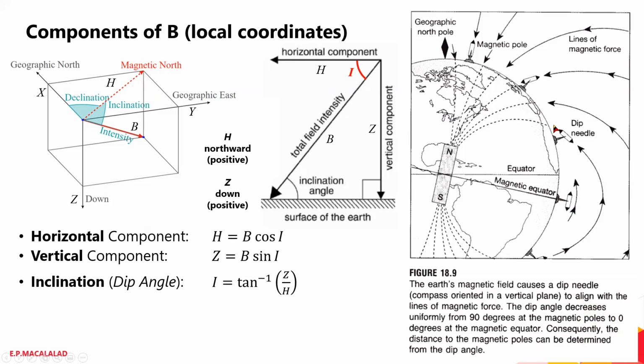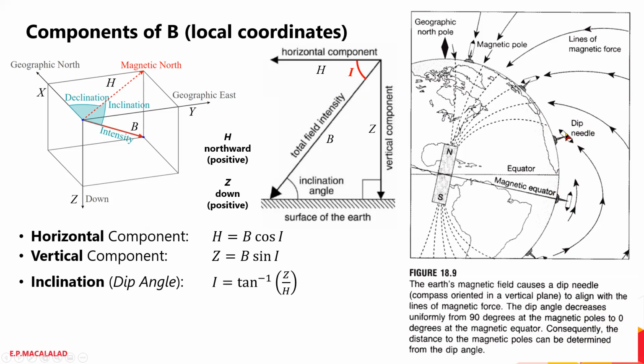But as you go further higher in latitude, the needle of your compass, if it is allowed to move vertically, will dip downward. That's why it's called the dip angle.